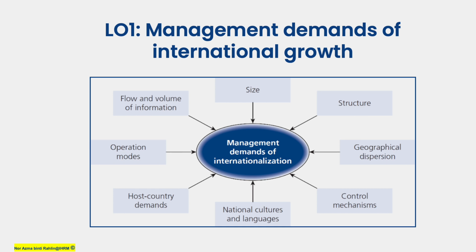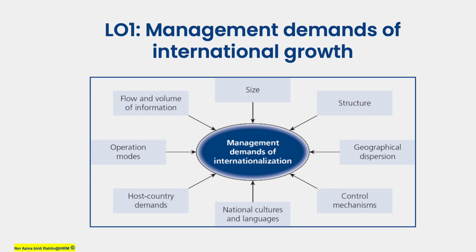Okay, we are on learning objective number 1, management demand of international growth. So what are the factors influencing international growth? As you can see in this slide, the elements in the figure are not mutually exclusive. For example, geographical dispersion affects fund size, creating pressure upon control mechanism, which in turn will influence structural change.